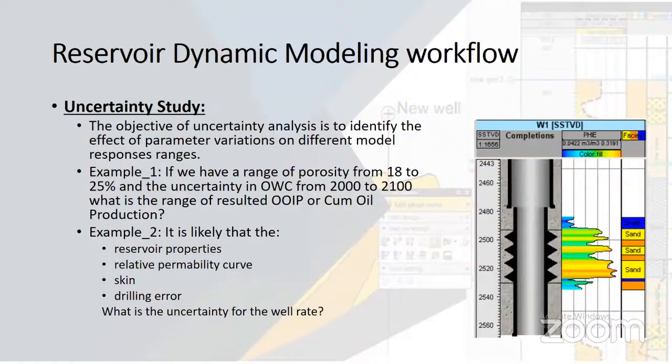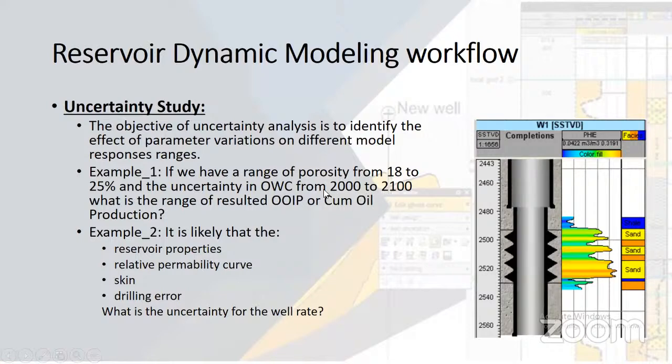Okay, as an example for the uncertainty analysis, you have a porosity range from 18 to 25, and for the oil water contact we have a doubt, with the depth ranging from 2000 to 2100.